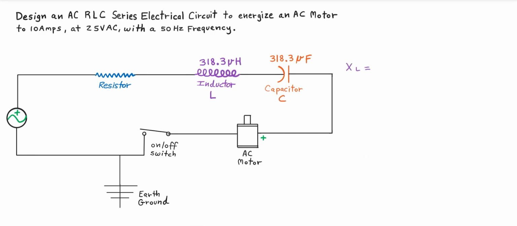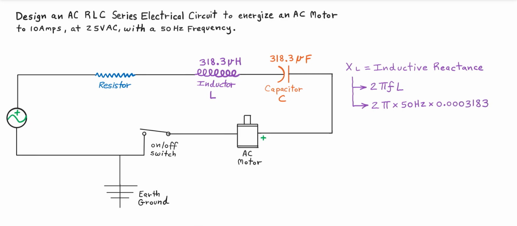So now we know also that the power factor will be 1.0, again establishing a resonant circuit. So from this we can calculate the inductive reactance and then the capacitive reactance.